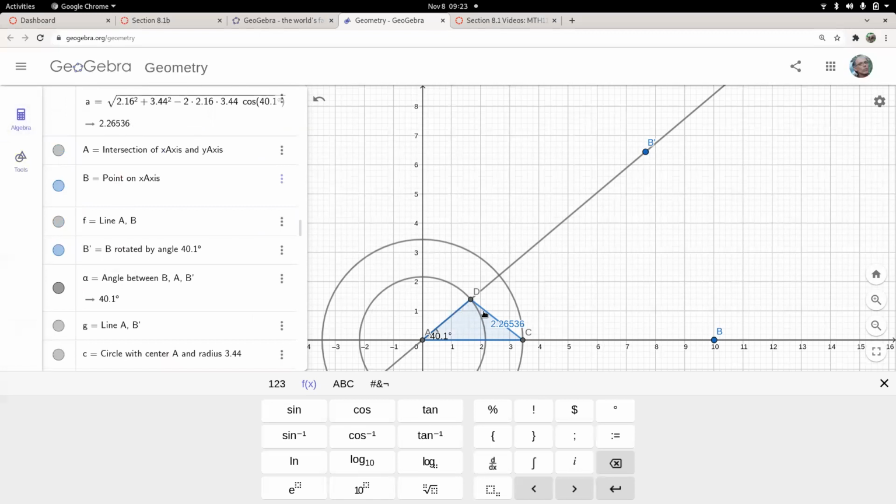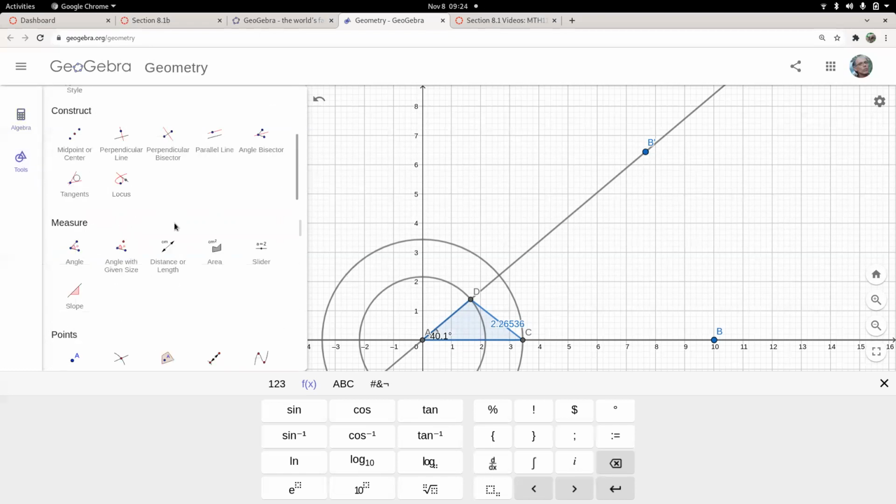And then I can also have it measure those angles. Like if I needed that angle up at the top there, which I think I was calling angle B in my picture, I would just use the measure angle tool. You can either select 3 points or 2 lines. If you do 3 points, the middle point has to be the vertex of the angle. So I think if I go around in this direction, I can get that angle up there.